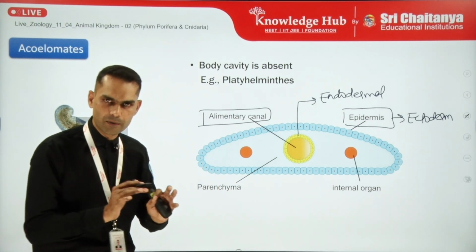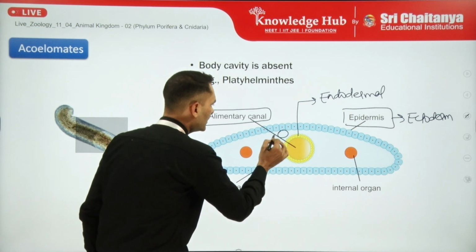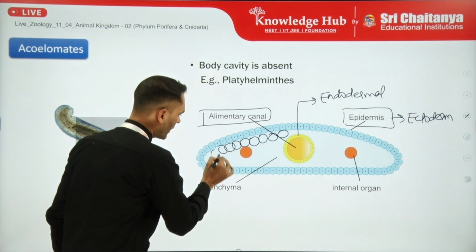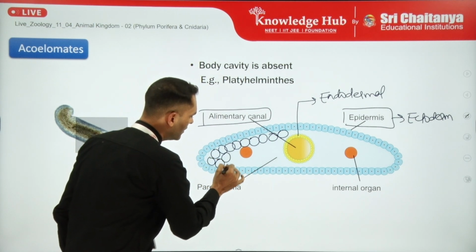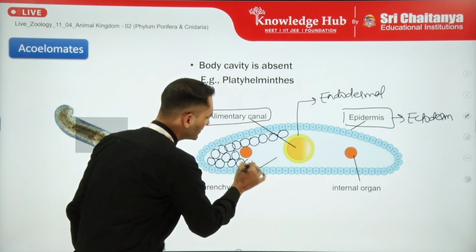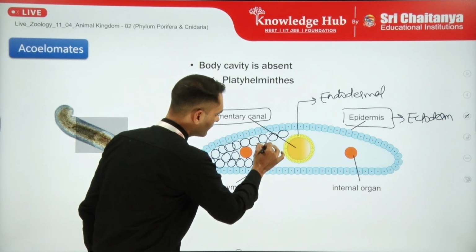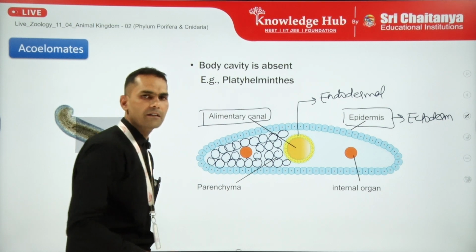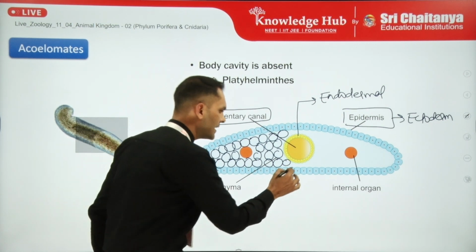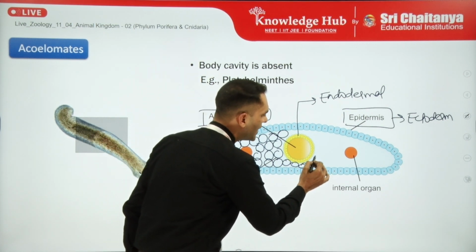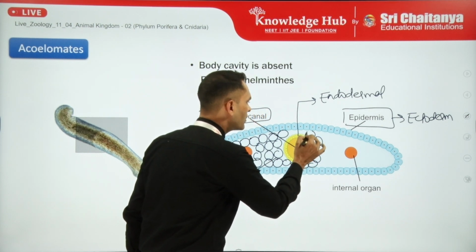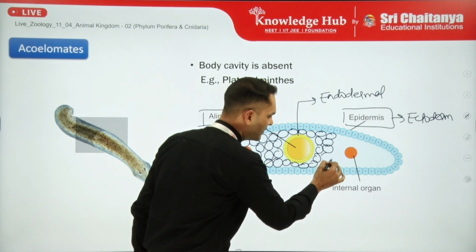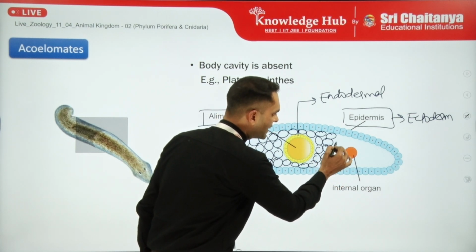If I have to represent it, I will fill it with these mesodermal derived cells, and this will fill all the space available, and as a result, in spite of being triploblastic, they will not have any cavity, and hence they will be categorized as acoelomate. And this mesodermal derived tissue is also called mesenchymal tissue, a space filling tissue.